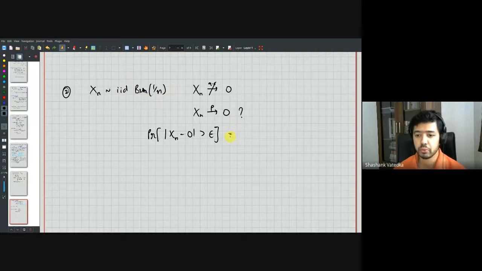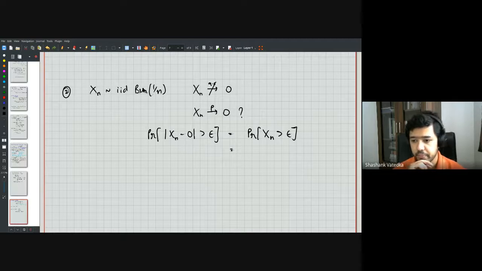So for Bernoulli random variables, what is this probability equal to? The probability that Xn is greater than epsilon.